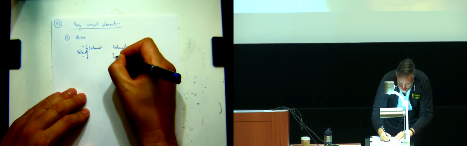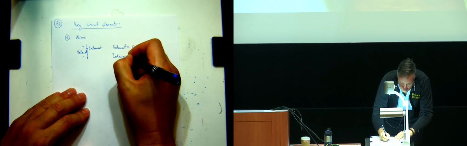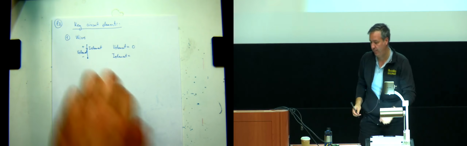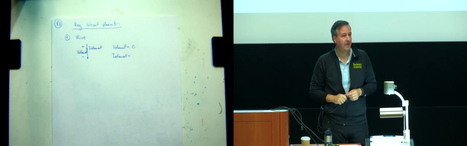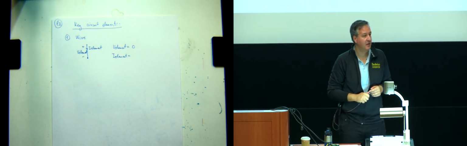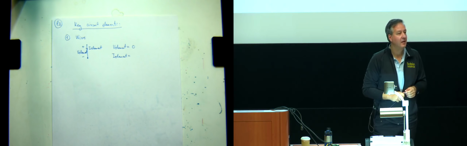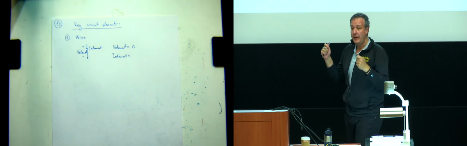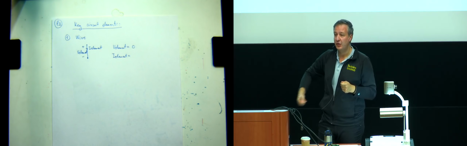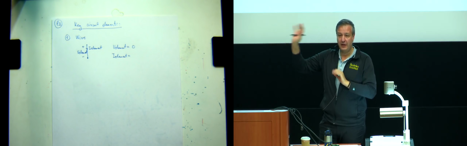And then the current is what? Any ideas? Yes? Okay, yes. So the response was, it's actually set by the circuit outside of this element.